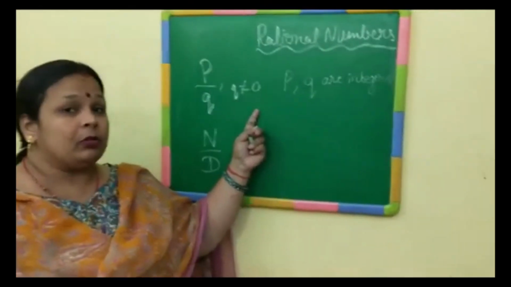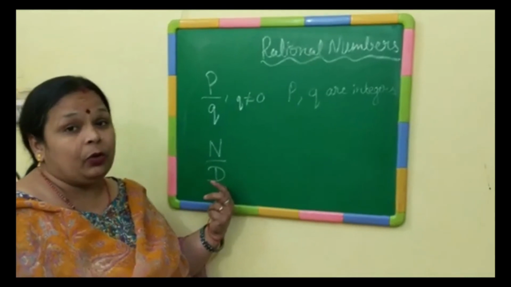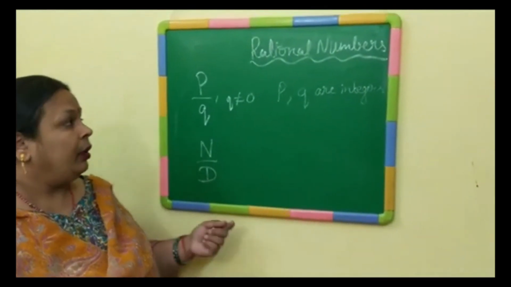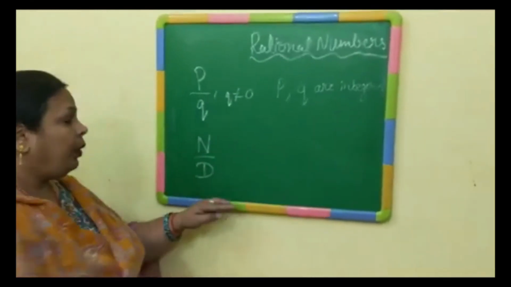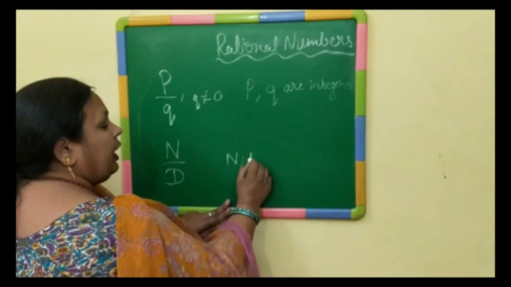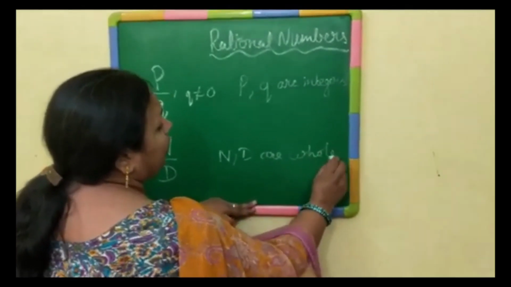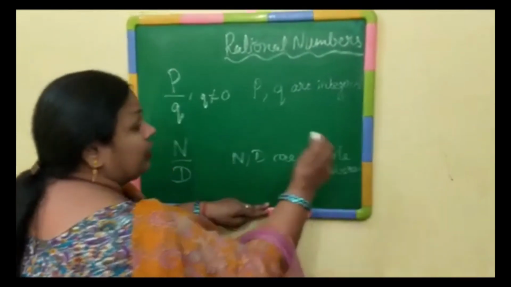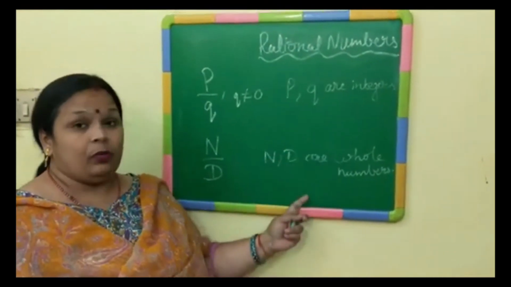Even in fractions, d is not equal to 0, because if d is 0, nothing is to be talked about. But the main importance is that p and q are integers, whereas n and d are whole numbers.